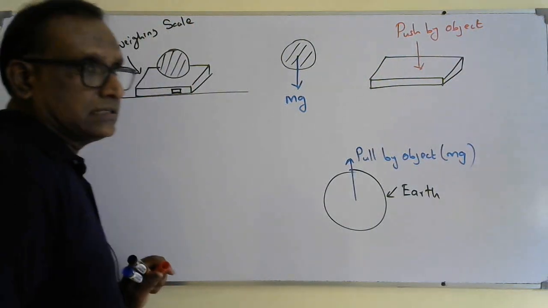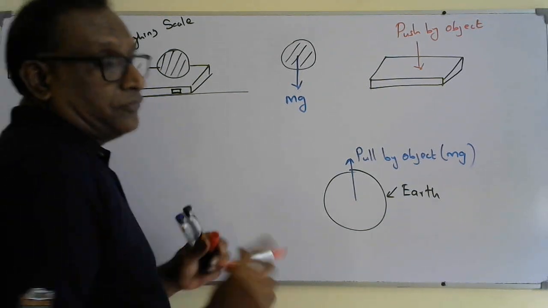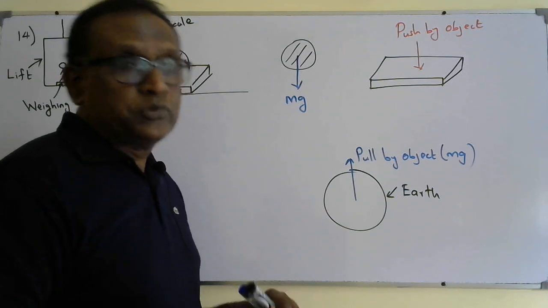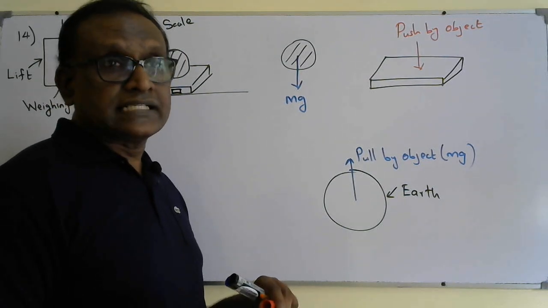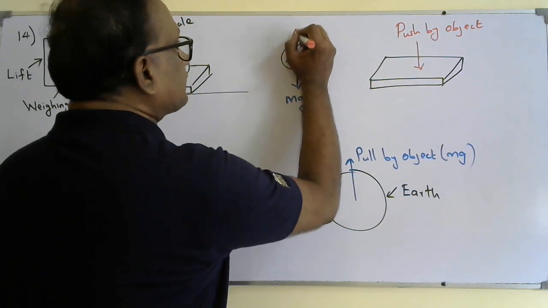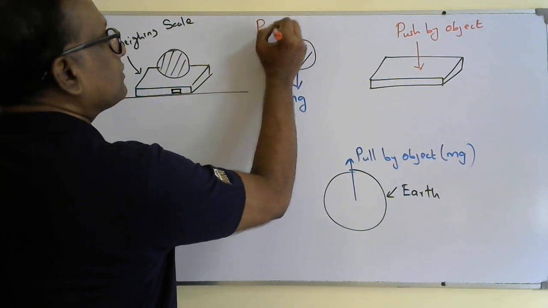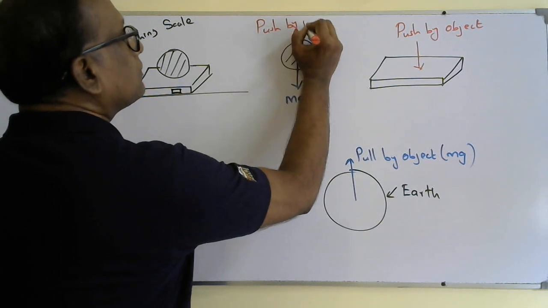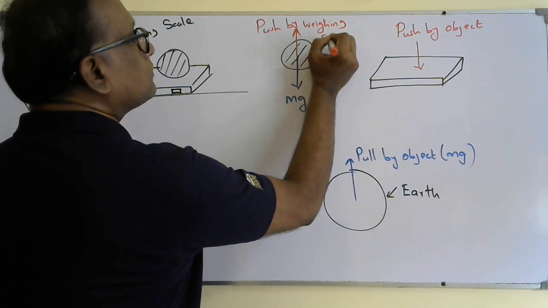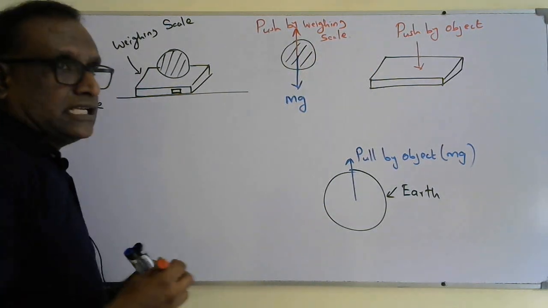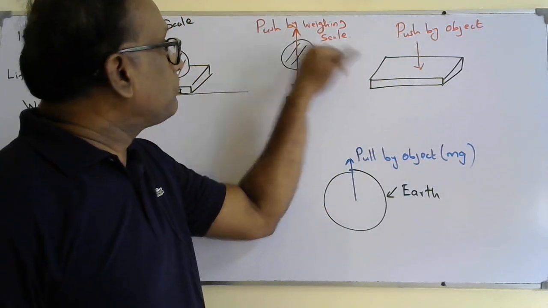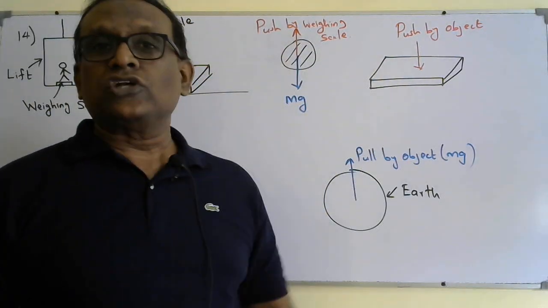Push by object. How much is it? We'll see that. The object is pushing the weighing scale down. So when the object pushes the weighing scale down, according to Newton's third law, the weighing scale will push the object in the upward direction. Push by weighing scale. We normally have a special name for this type of force, push by ground or push by table.